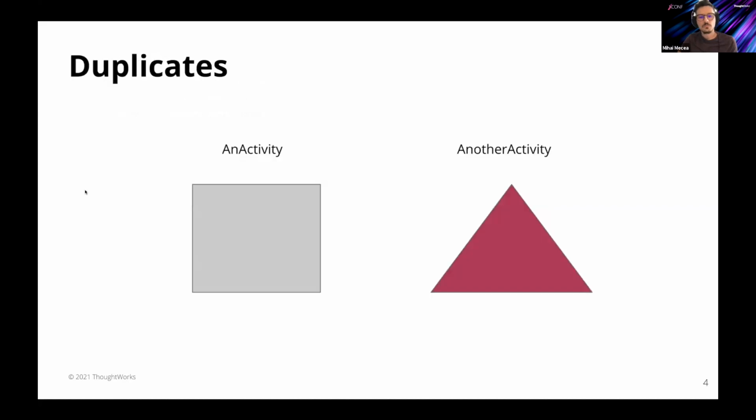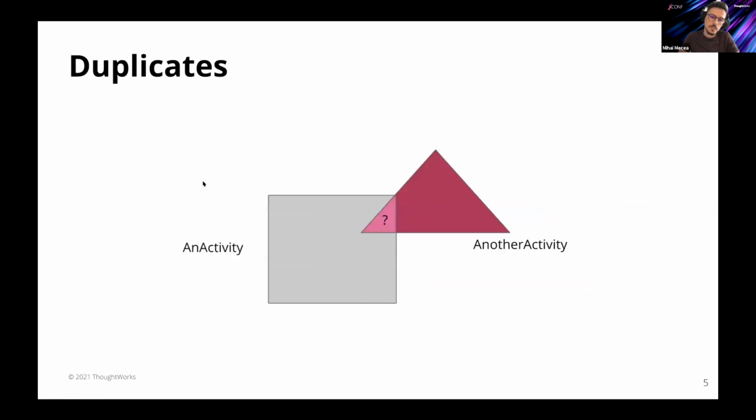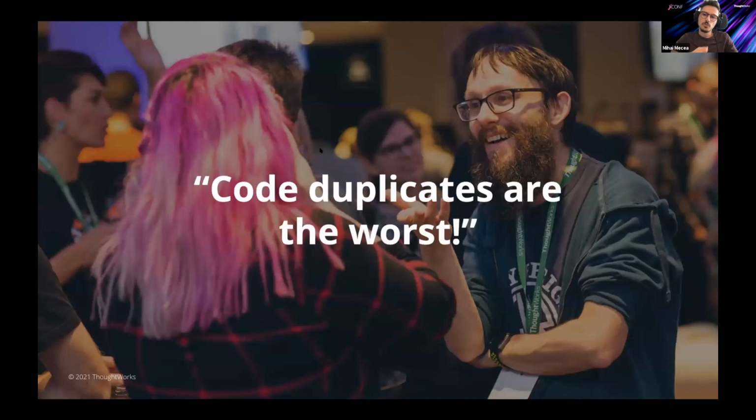Good. With thousands of lines and with most apps having multiple screens, at some point you will see code duplicates, overlapping for whatever reason. Back then, my model was that code duplicates are the worst thing to happen.